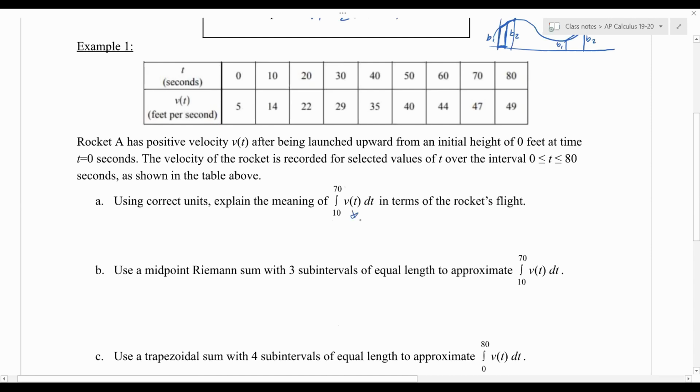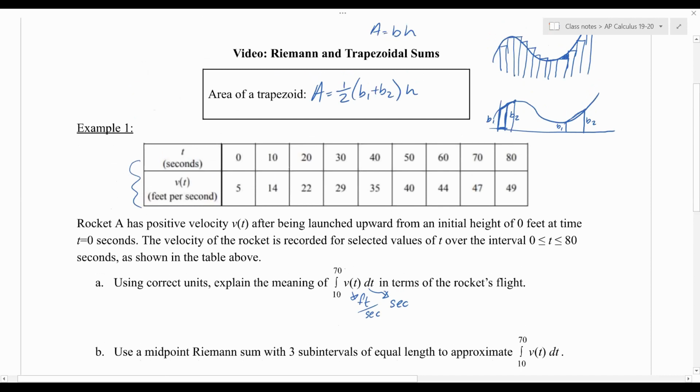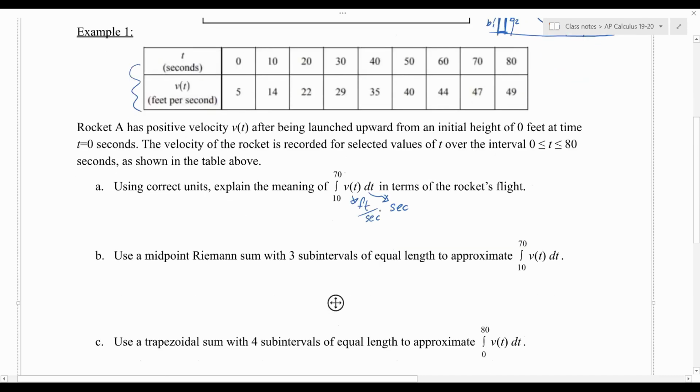So let's look at the units. V of t is measured in feet per second. dt is measured in seconds. Remember, we're doing the base times the height. So if we multiply the base times the height, the seconds cancel, and the resulting units are feet.